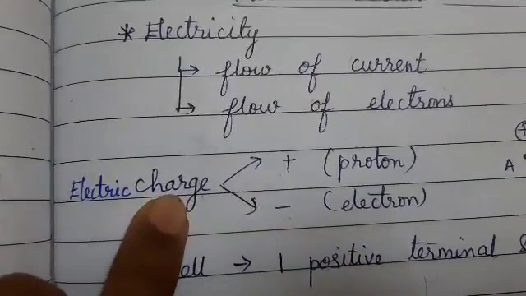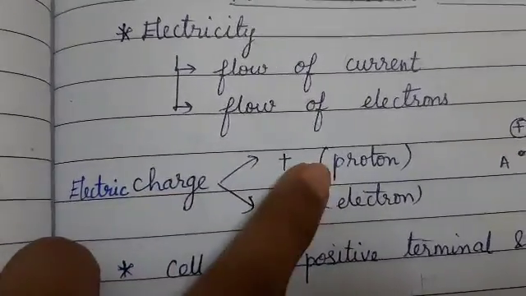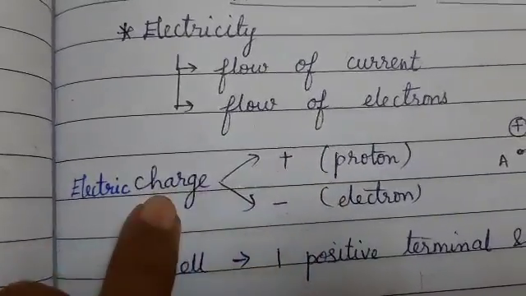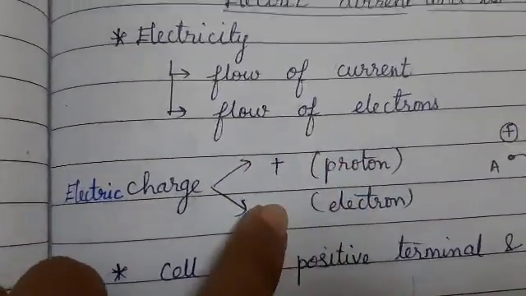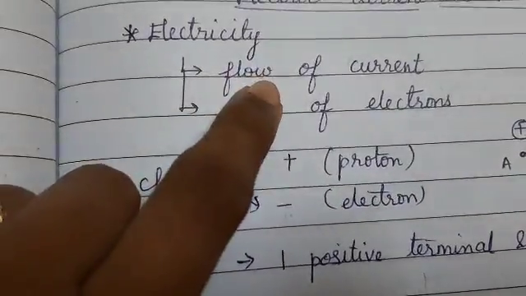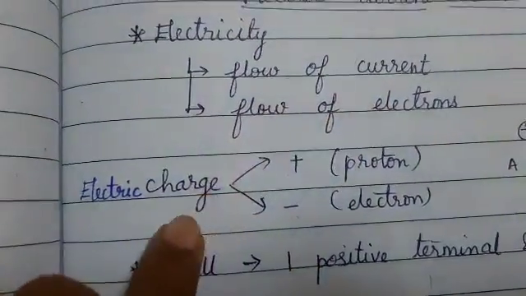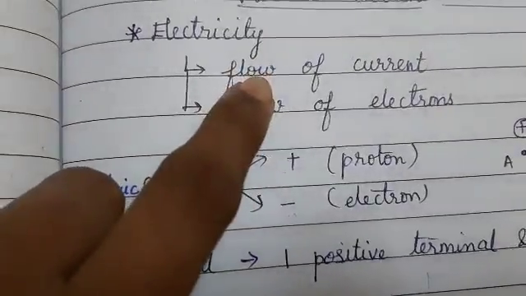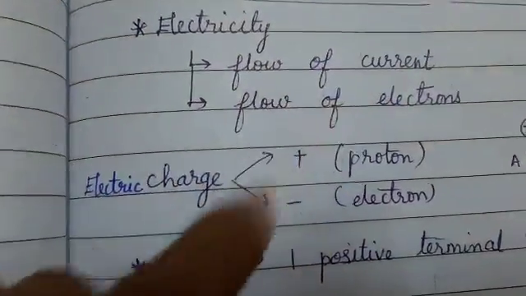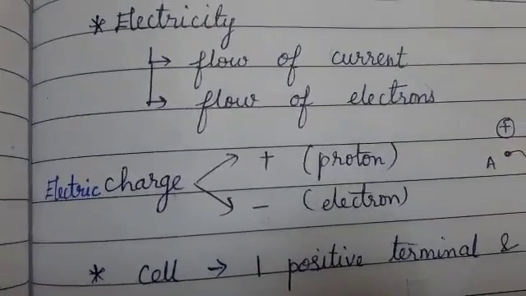So all electric charge will be of two types, proton or electron. Positively charged particle means proton, negatively charged particle means electron. So when I say flow of current, it means only the charges are flowing, these charged particles are flowing and giving us the current supply.